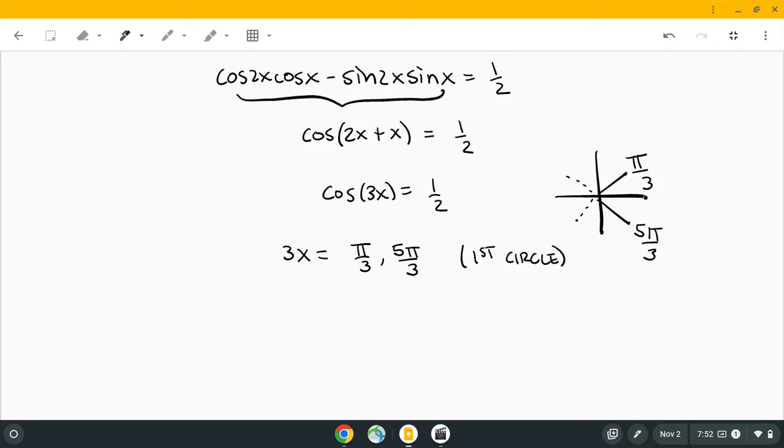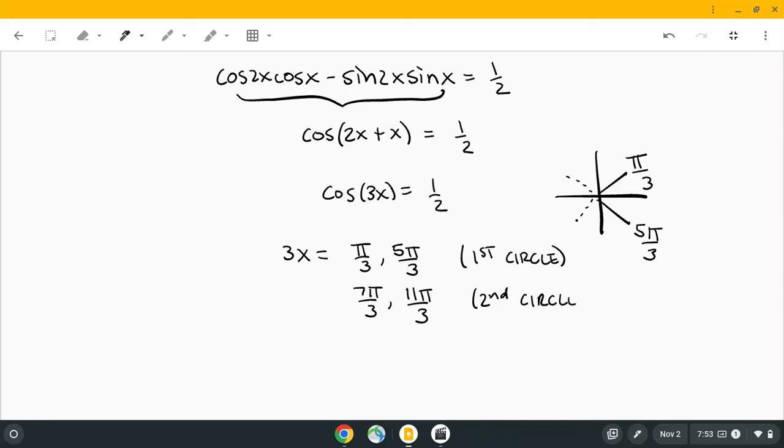So the second circle of answers will be 7/3, 7, 8, 9, 10, 11. So this is my second circle.